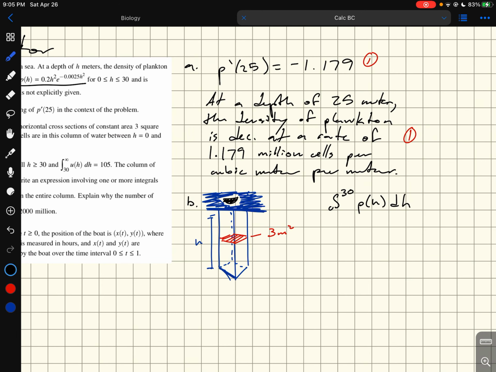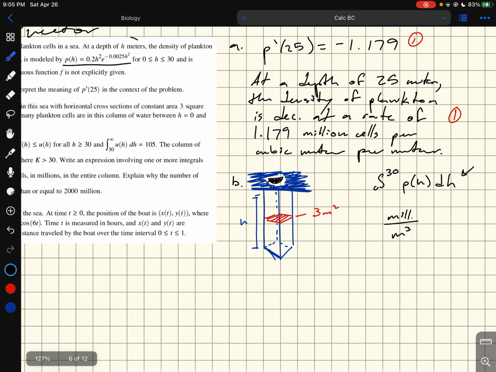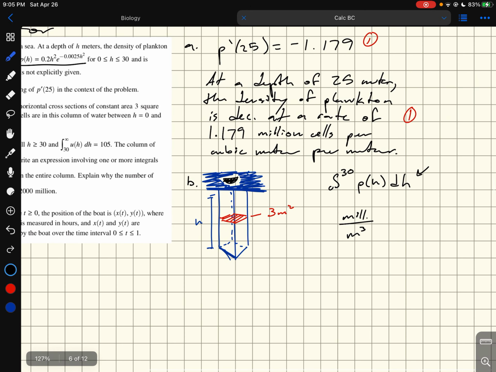Now if we think about the units, P of H is measured in millions of cells per meter cubed. dH is just meters, so this is times meters. When you take the integral, those cancel out.